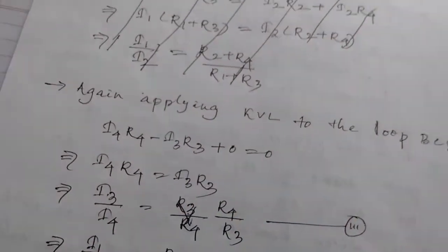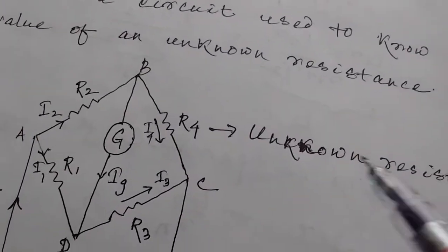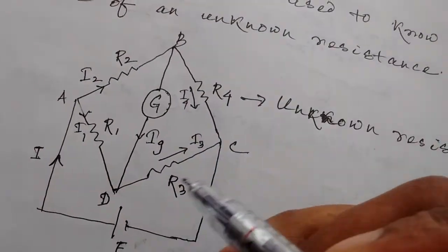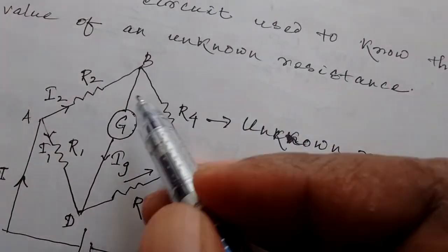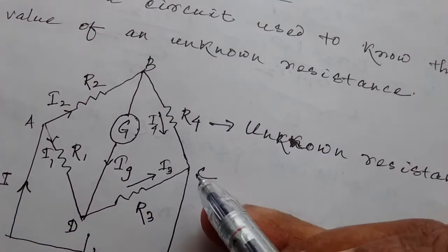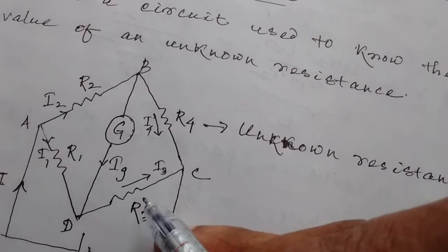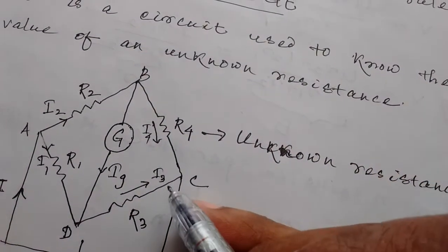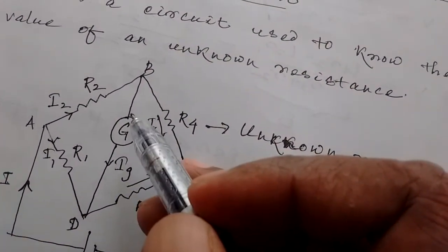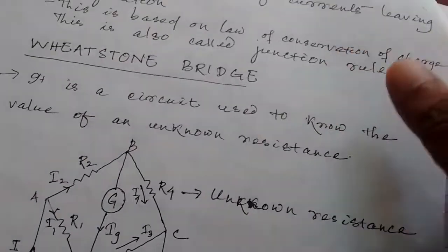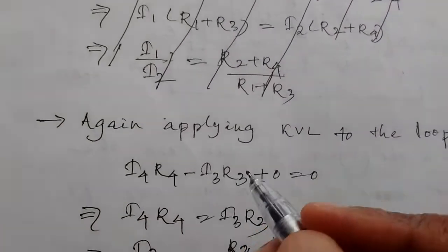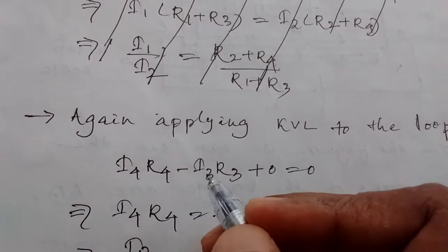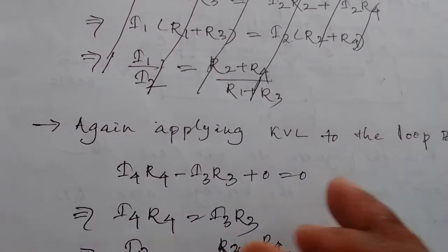Similarly, if you apply KVL in this loop also, B C D B, in this loop: minus I4 R4 plus I3 R3 minus 0 is equal to 0. So the equation will become I4 R4 minus I3 R3 plus 0 equal to 0.